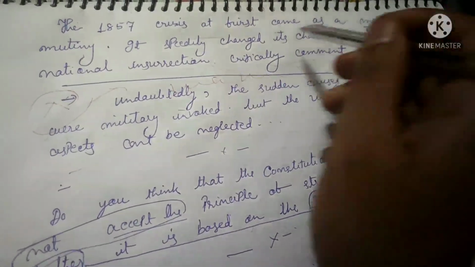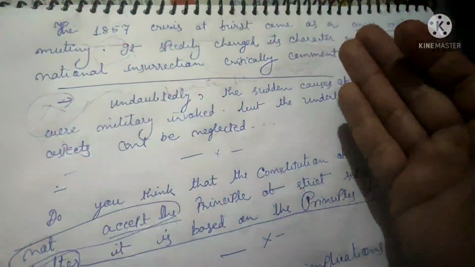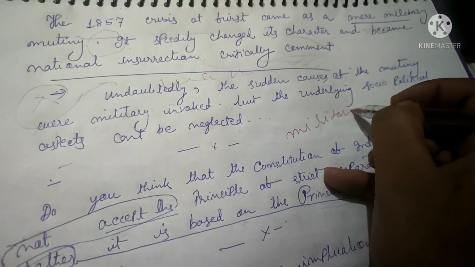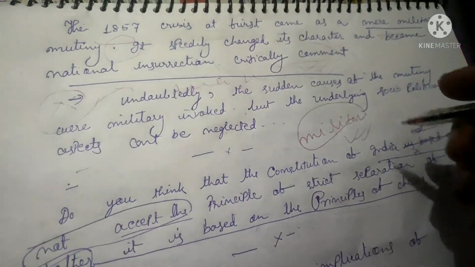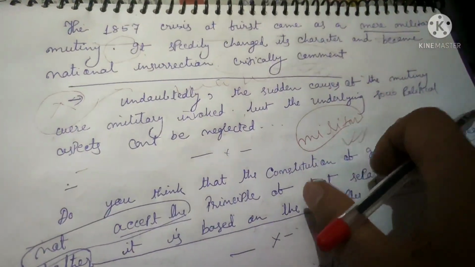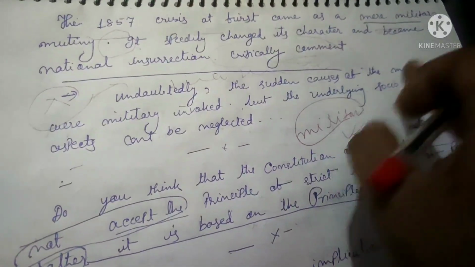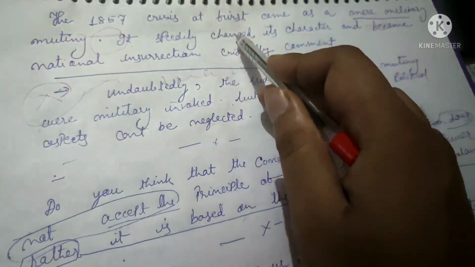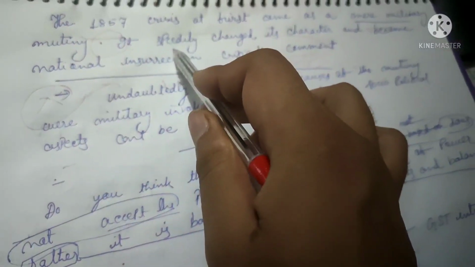Because mere military mutiny means it is limited to the military aspect only. But as a part of the administration, you have to observe all the related aspects. You cannot focus only on one point. However, the question says the 1857 crisis at first came as a mere military mutiny.